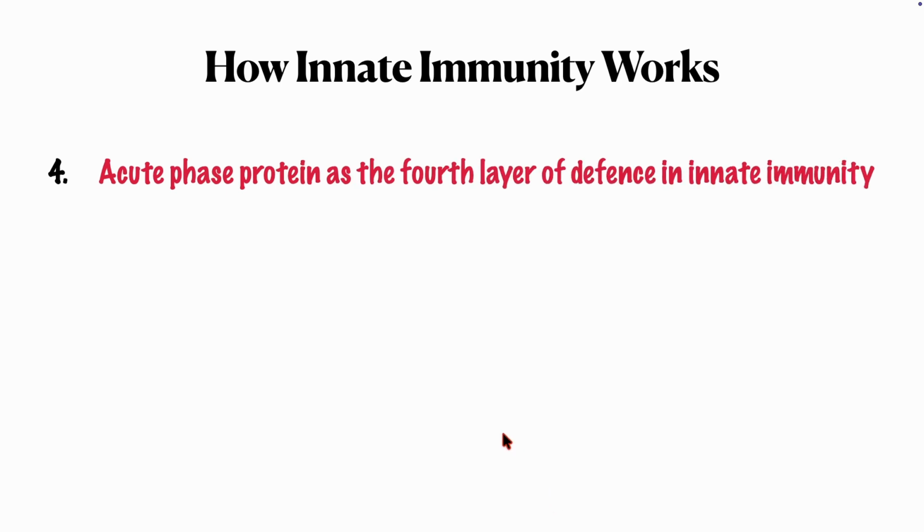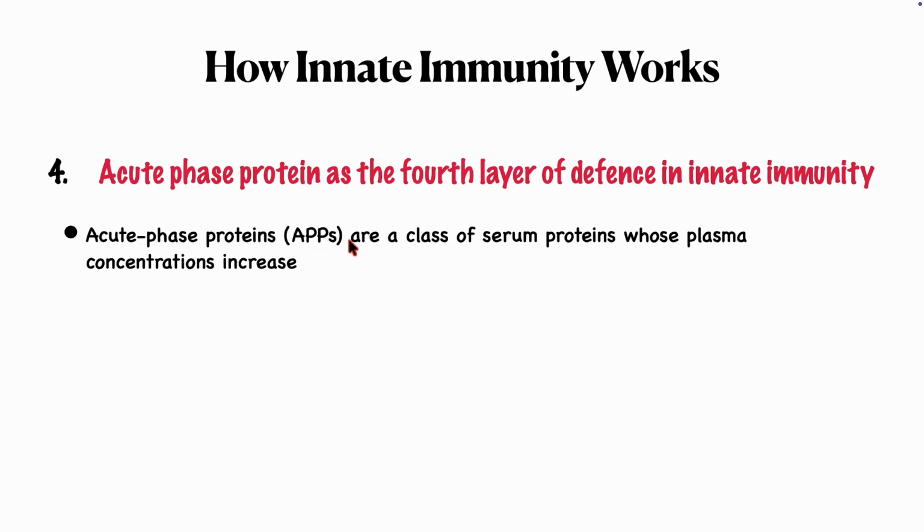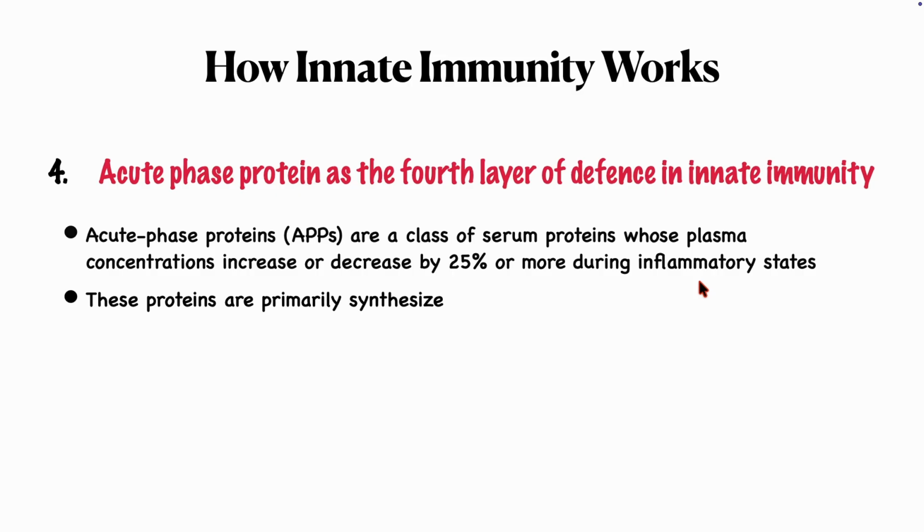Okay, let's move on to the last defense layer of innate immunity, which is acute phase proteins. Acute phase proteins, in short APPs, are a class of serum proteins whose plasma concentrations increase or decrease by 25% or more during an inflammatory state.